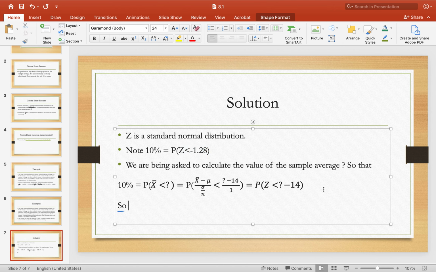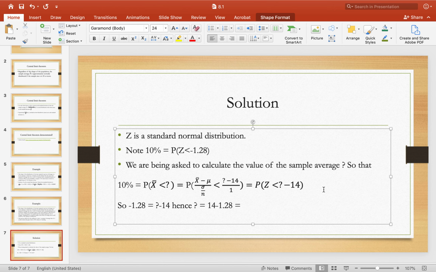So I have to conclude that minus 1.28 is equal to that unknown value minus 14. We can just do some algebra and say that the unknown value, which is the criteria, is going to be 14 minus 1.28. And that's going to be our final answer.